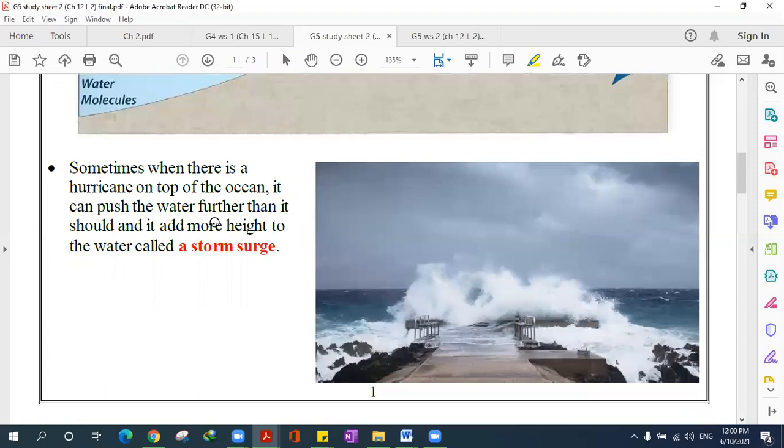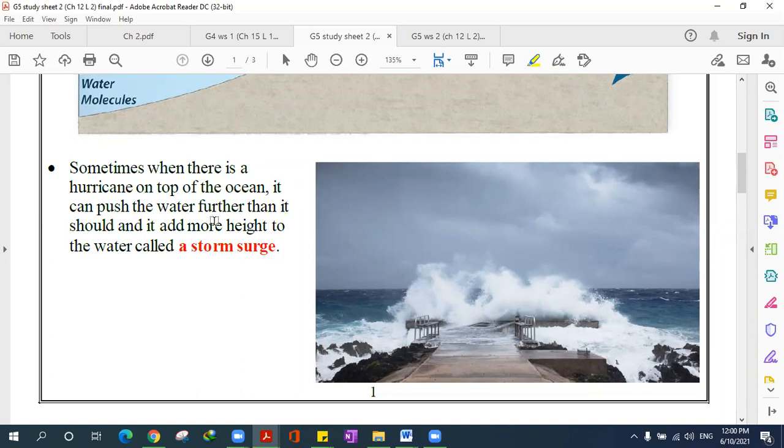Then you guys know that sometimes hurricanes, we learned about hurricanes before, and volcanoes, right? When we learned about hurricanes, you now know that they are really fast moving wind, like tornadoes but on the surface of the water. They form over the surface of the water. Tornadoes form over the surface of the land. That's the difference between them. But when hurricanes are formed, they are really fast moving air.